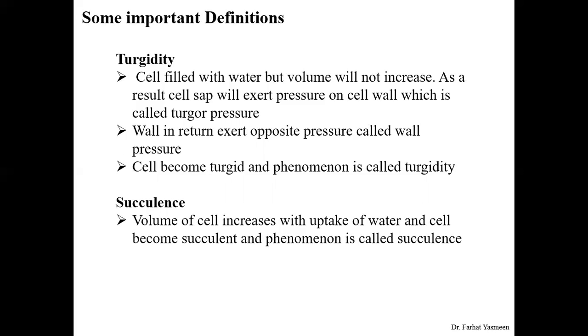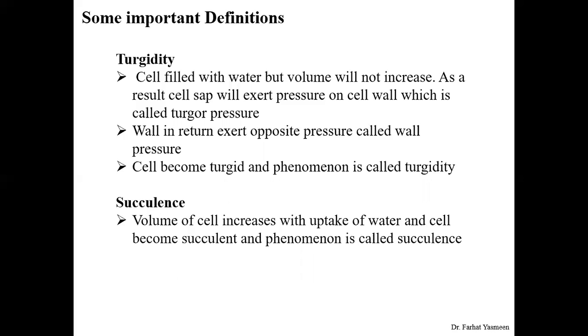Because of the filling of water within the cell, pressure is exerted on the walls, and the walls become turgid, and that pressure is called turgor pressure. The wall in return will also exert a pressure in the opposite direction, which we call wall pressure, and in this case the cell becomes turgid, and the phenomenon is called turgidity.